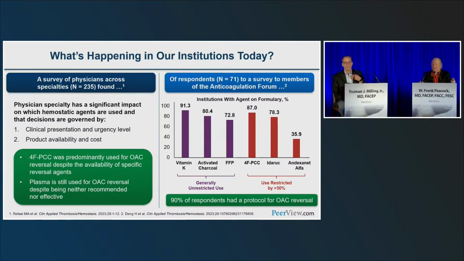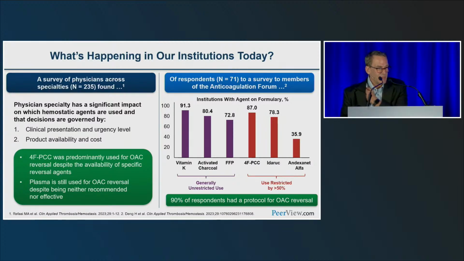But in the meantime, we actually have to think about mechanisms and the question of whether PCC would be expected to work. There's factor 10 in PCC, and we're talking about a factor 10A inhibitor. That sounds intuitive, right? Problem is if you do the stoichiometry, and we're not going to do it because it would require using Avogadro's number, and I can see the eyes glazing over when I mention Avogadro's number.